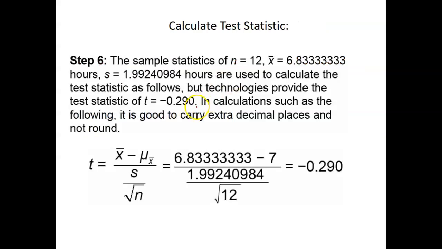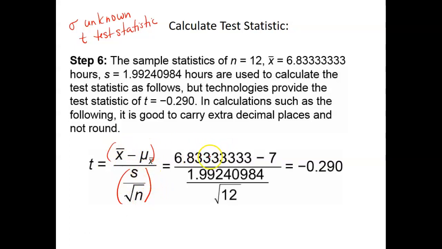Okay, for our test statistic, because sigma was unknown, we did not know that in this problem, that tells us that we need to use a t-test statistic. So for our t-test statistic, this is the formula that we're going to use. Remember I said put parentheses here and put parentheses here when entering it in the calculator.